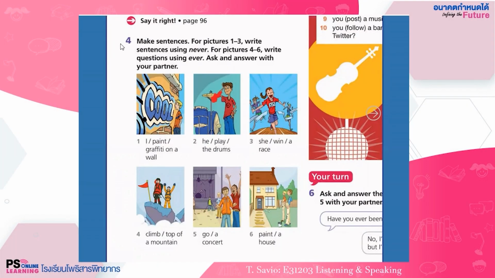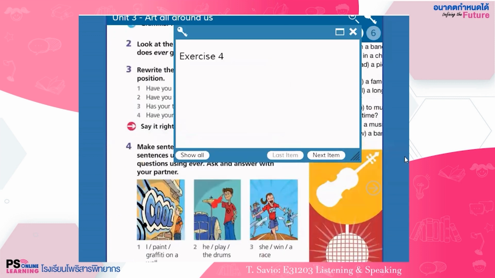Let's look at exercise 4. Make sentences for pictures 1 to 3. Write sentences using the word never. And for pictures 4 to 6, write questions using ever. Ask and answer with your partner. Number 1.